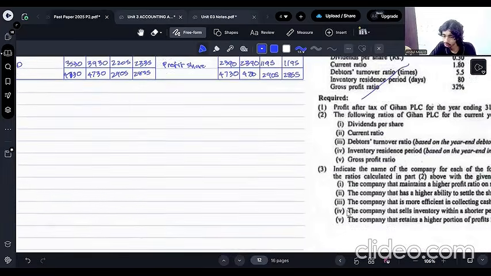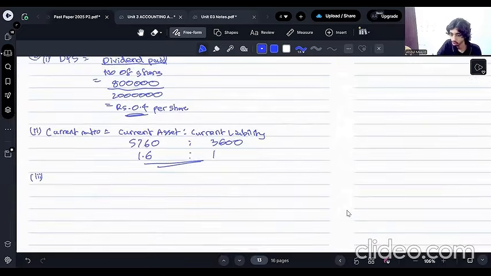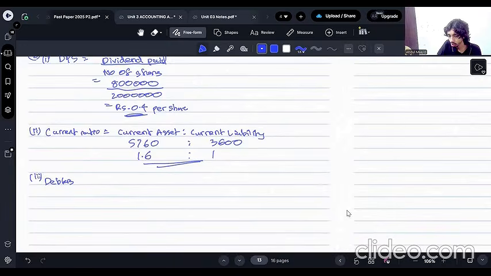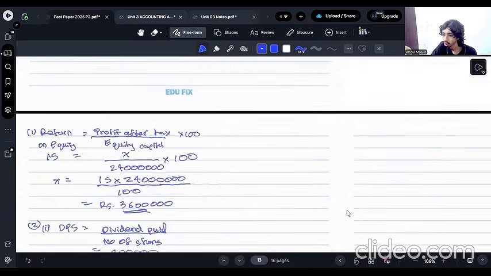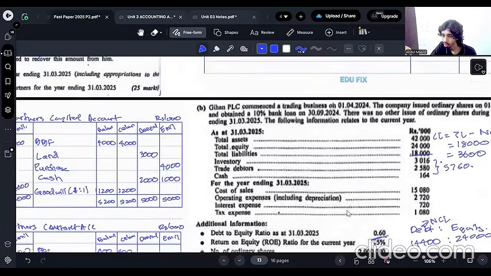debtor turnover ratio. Debtors turnover equals credit sale divided by average debtor.